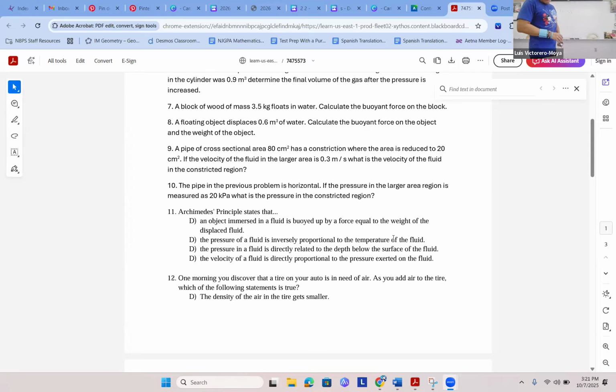So you're reading there, one has an area of 80 and it reduces to 20. If the velocity in the large is 0.3, what's the velocity in the other region? So 80 centimeters squared multiplied by V1, where V1 is 0.3, equals 20 centimeters squared times V2.